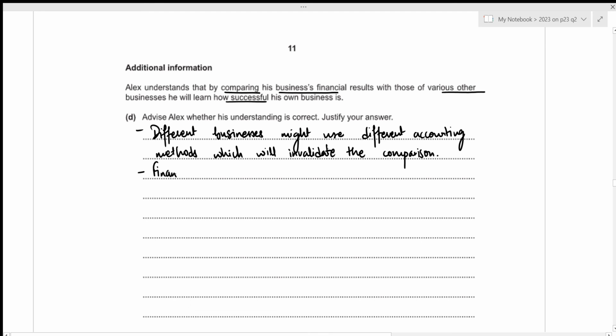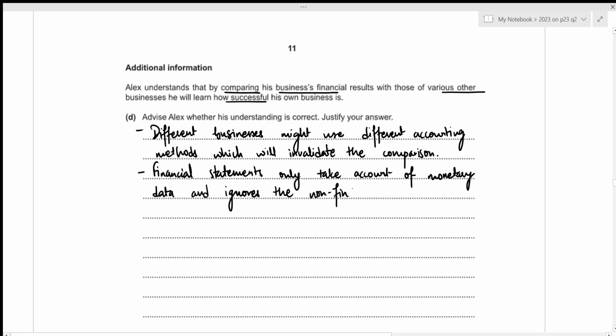So the financial statements only take account of monetary data and ignore the non-financial factors such as staff morale, staff's skills, location of the business, and such.